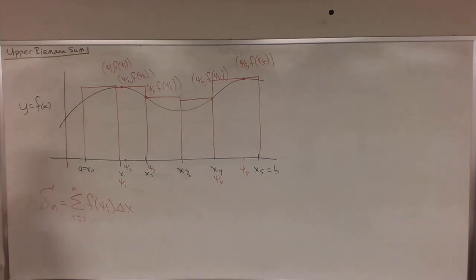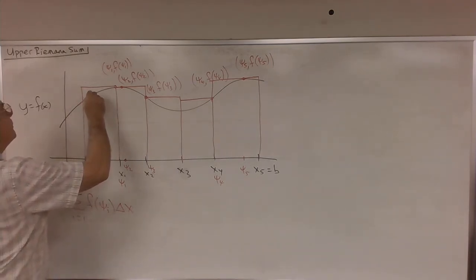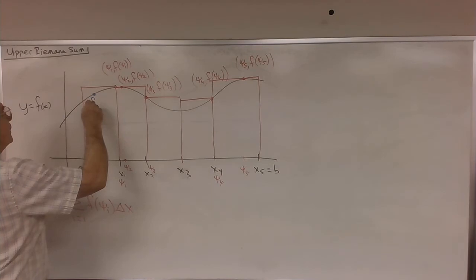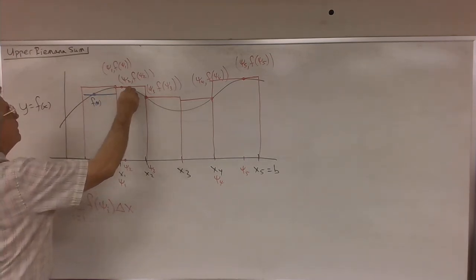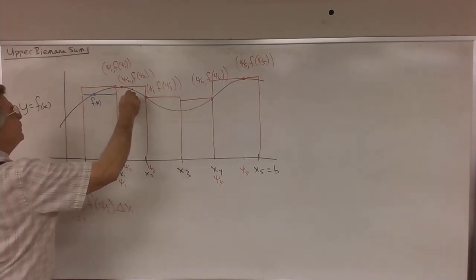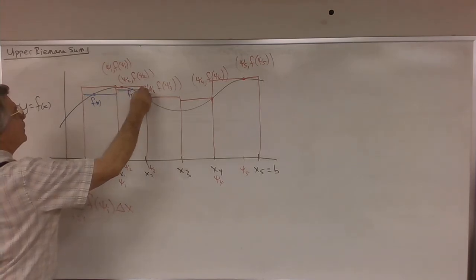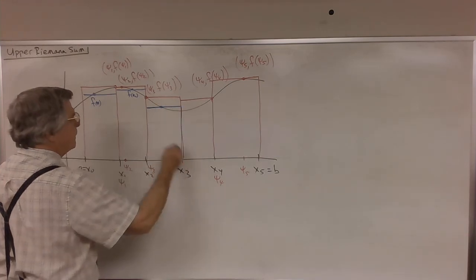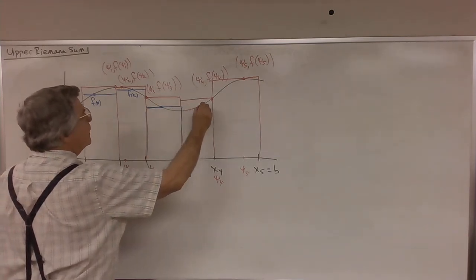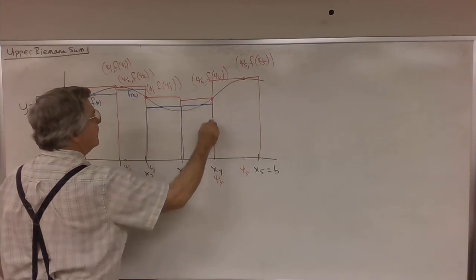And think about this. Suppose that I had any other Riemann sum. Let's say here's my f of x1, or f of whatever, and here's my f of whatever 2, and here's my f of whatever, and so on and so forth.